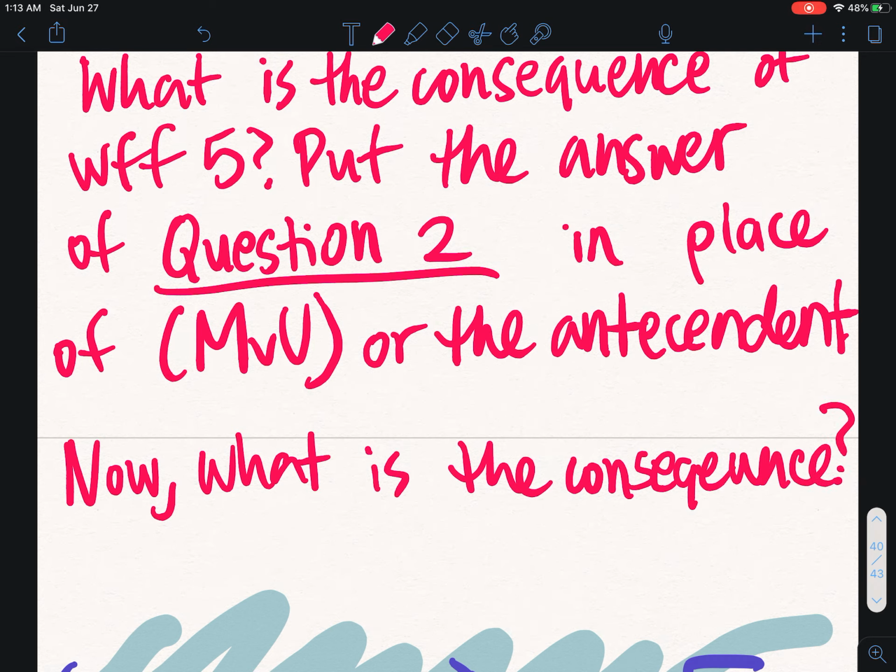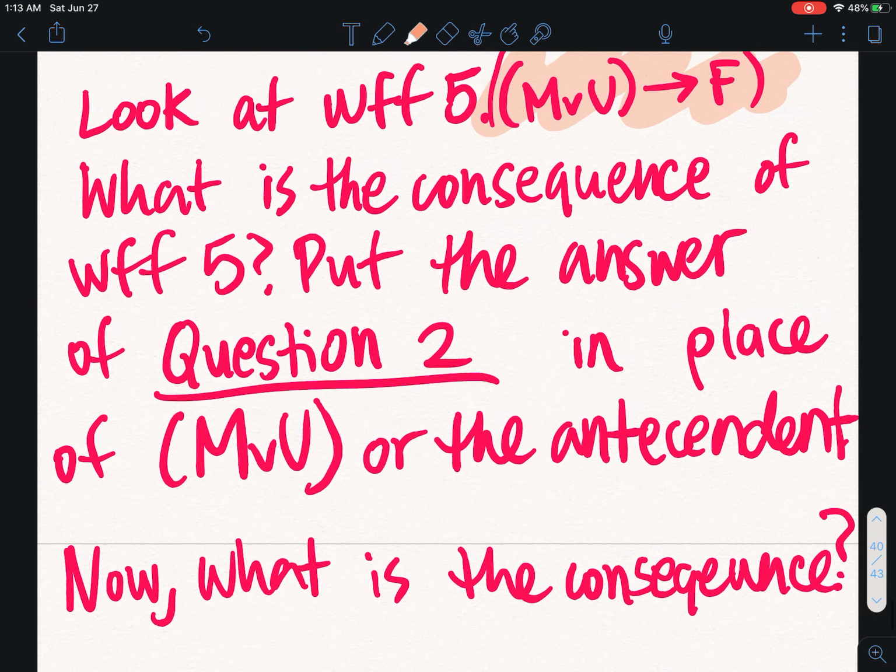So what is the consequence of wolf 5? We know it's F.